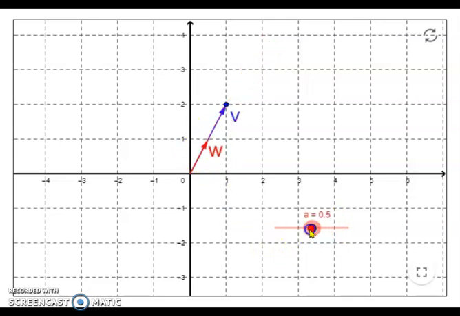If we decrease a, the vector w will be the opposite of this vector v, and it is only half of vector v. Again, when a is equal to 1, in this case, they should be equal.